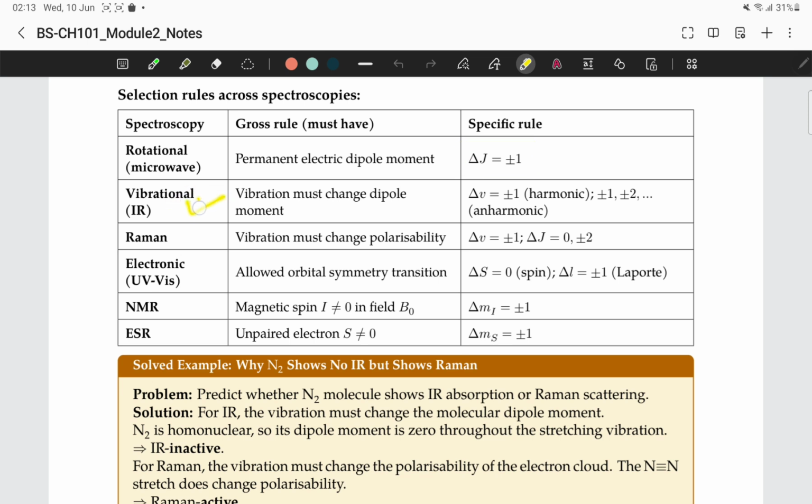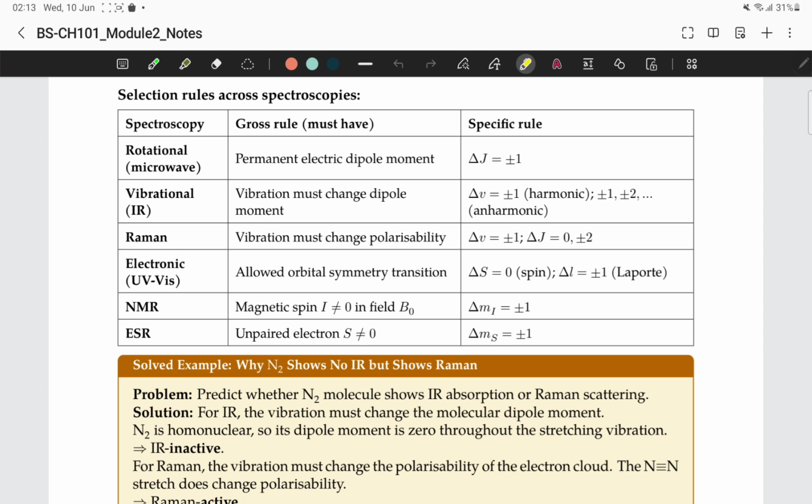In vibrational, the dipole moment must change, and delta v is plus minus 1, plus minus 2 for harmonics.